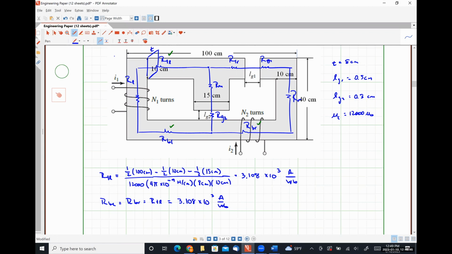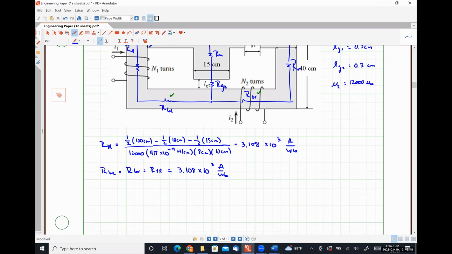Now let's do the top right. So that's going to be the exact same length as we had for the top left, minus the length of that gap, right?